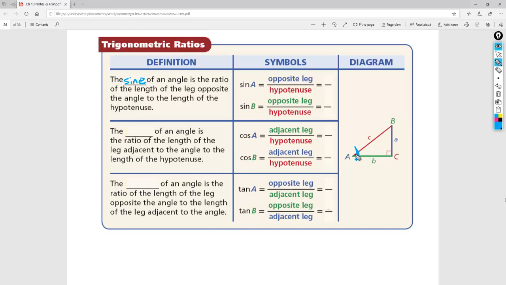Okay, so I'm looking at the side that is opposite my angle, so little a in this case, divided by my hypotenuse, which is just C. Conversely, sine of B, so now I'm looking at angle B, is my opposite leg again, so little b, and again divided by my hypotenuse, so C. A sine will always be divided by the hypotenuse.